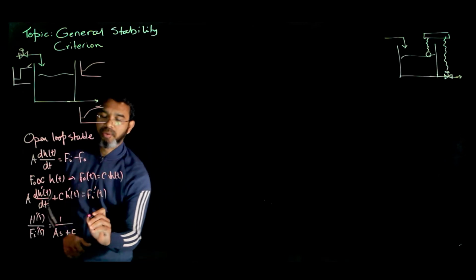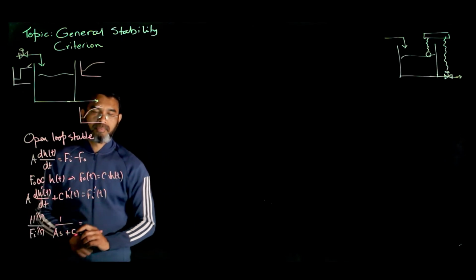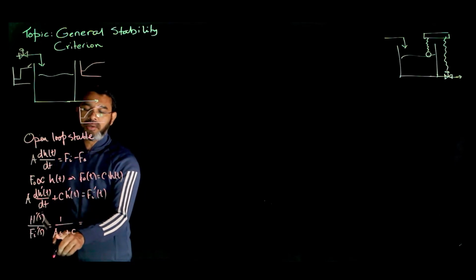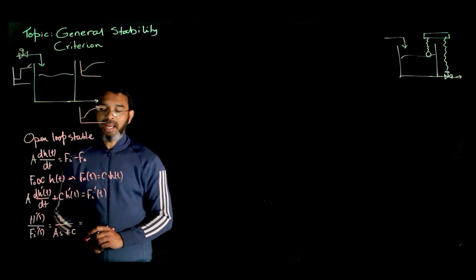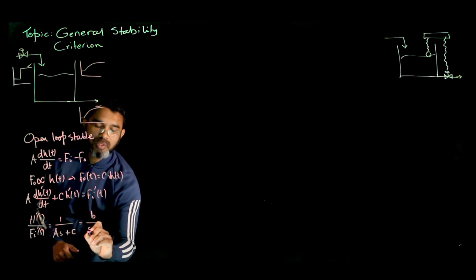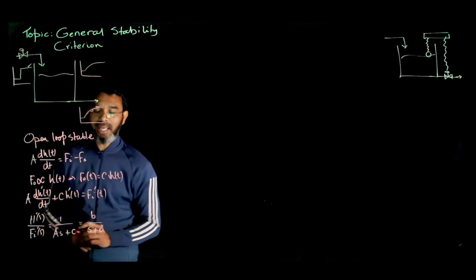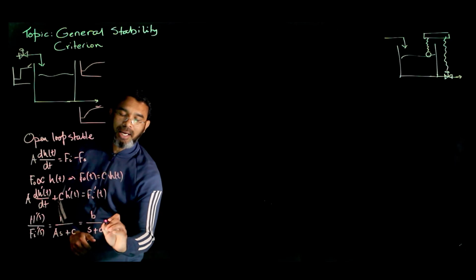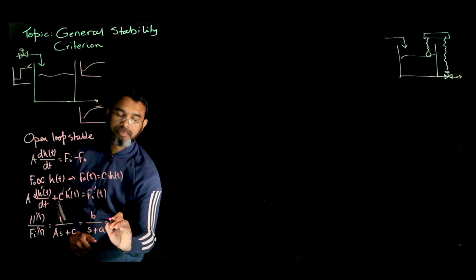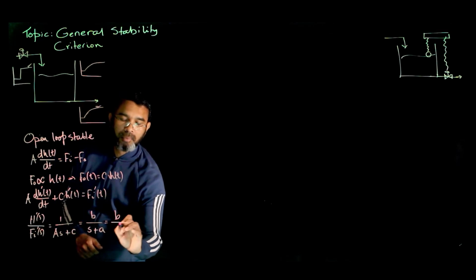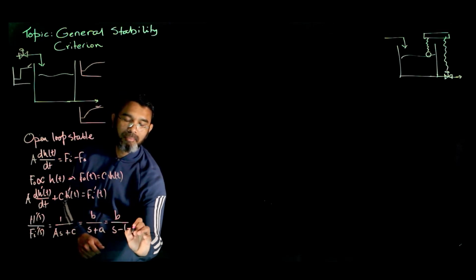So I'll write it in this notation of what is called the pole zero form to make this constant to be 1. So I'll divide everything by A, and if I write 1 over A equals B, I can write simply B over S plus another constant a, where a equals C over capital A. And I'll again write it as B over S minus a.